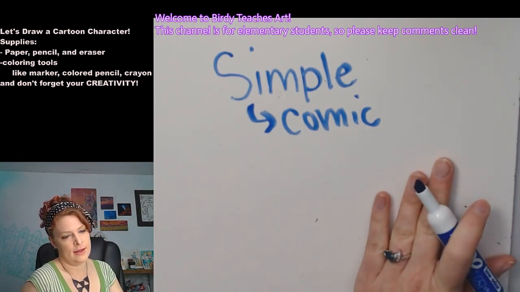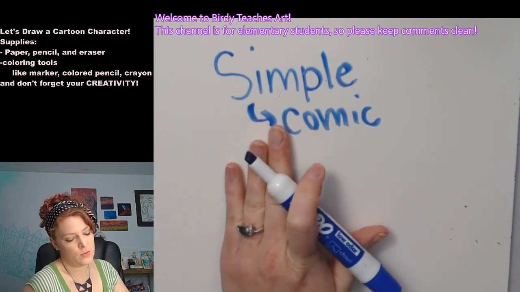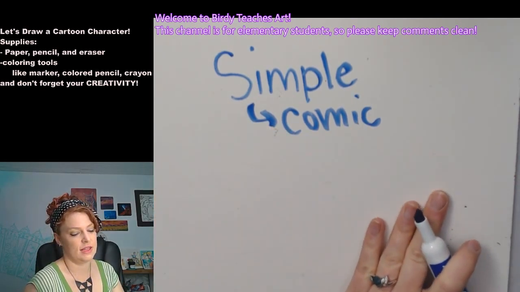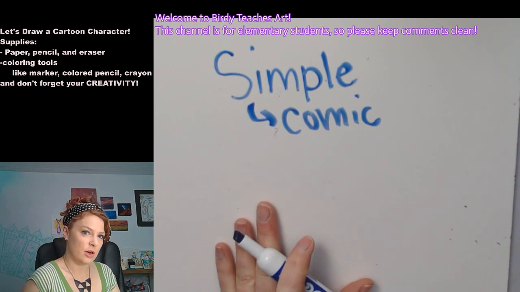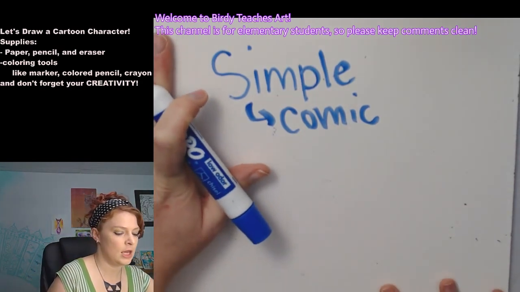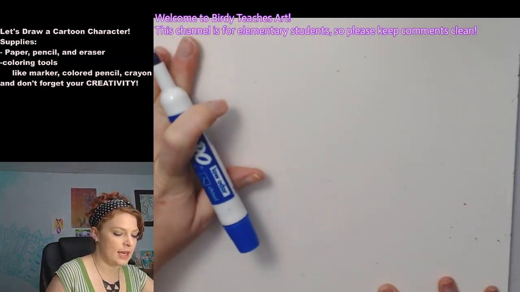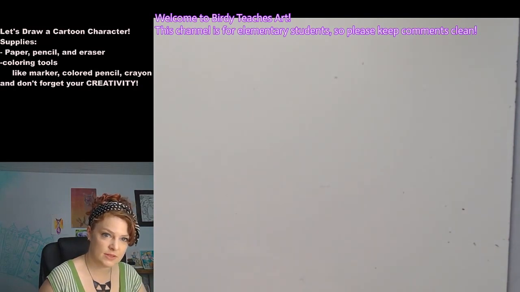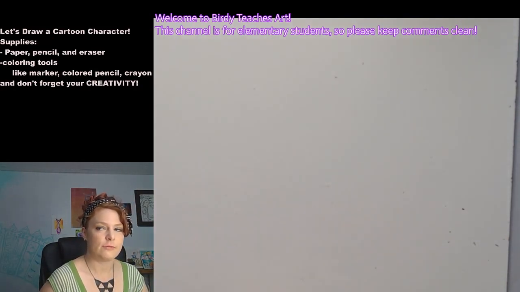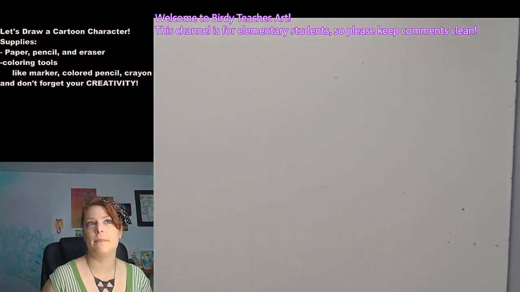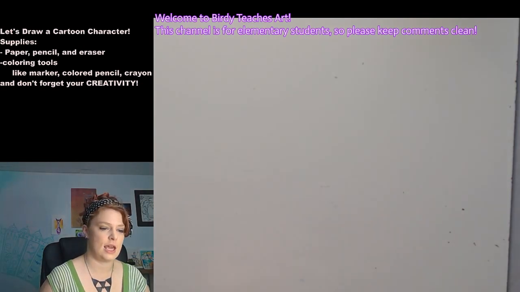So one way we can start to make something simple is we always start off with the same shape, okay? So let's go ahead and draw some shapes that we can start off with to make a body or a face, okay?